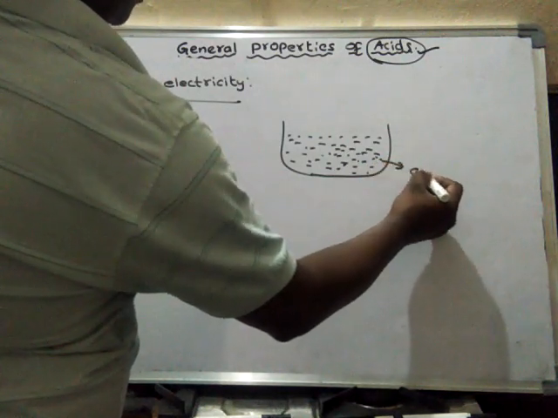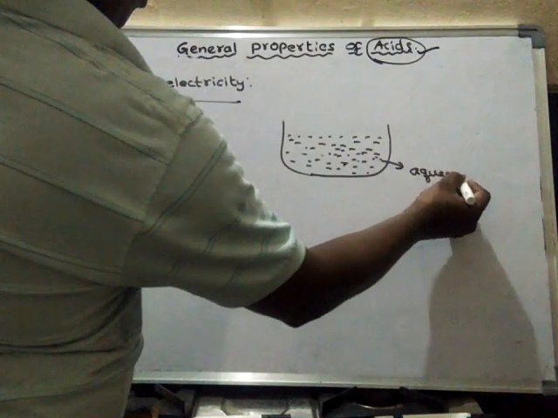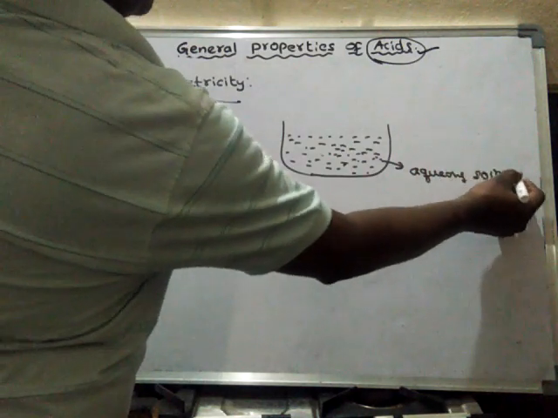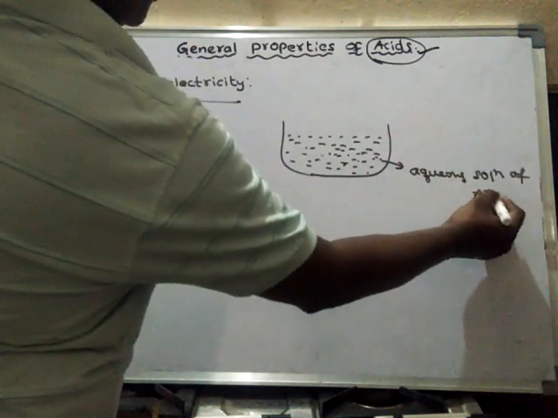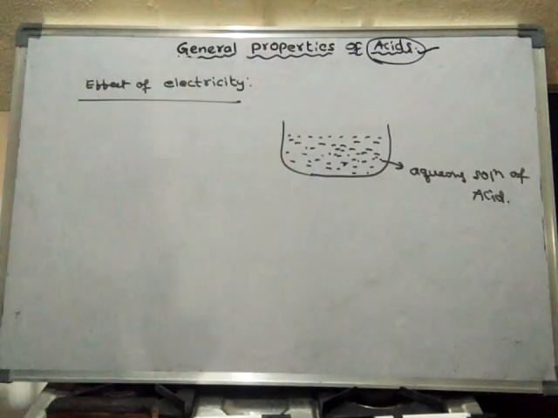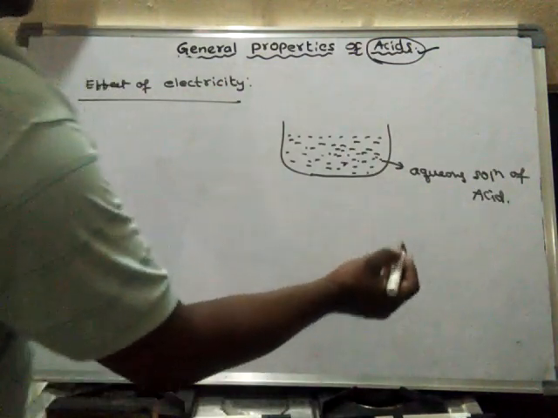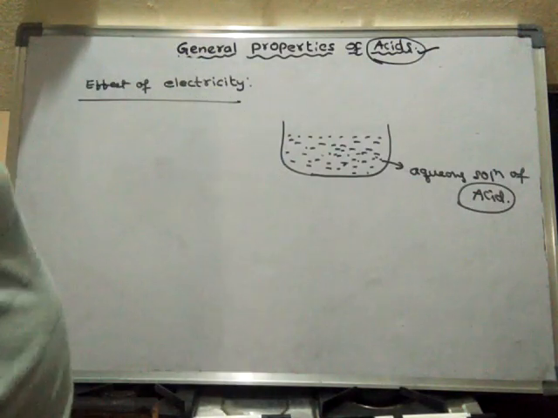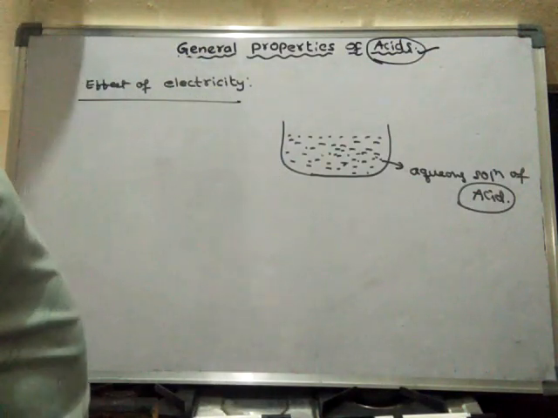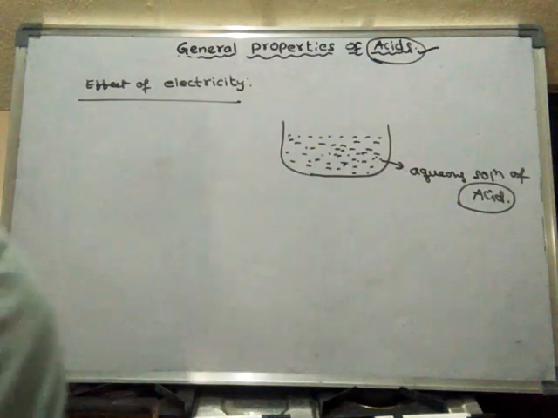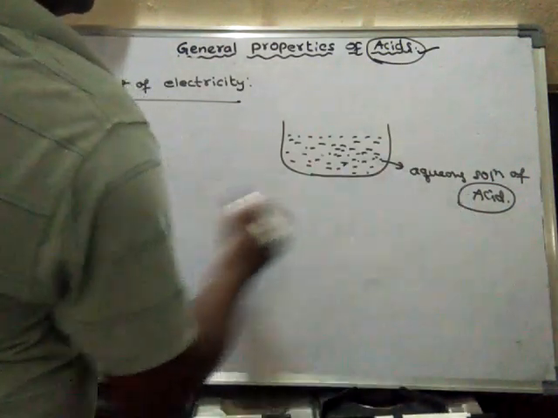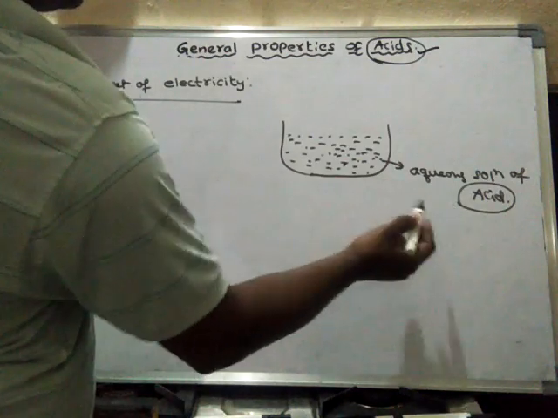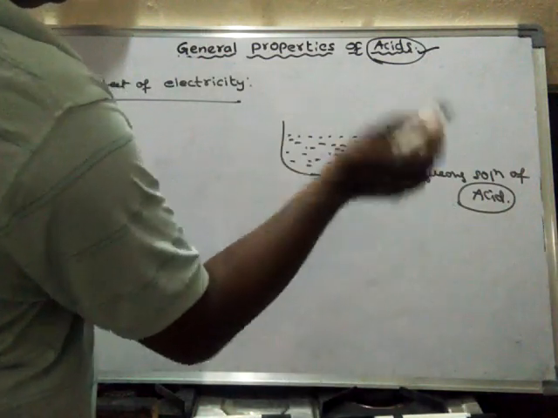In an aqueous solution, what happens? The acid will decompose, breaking down into ions when electricity is passed.